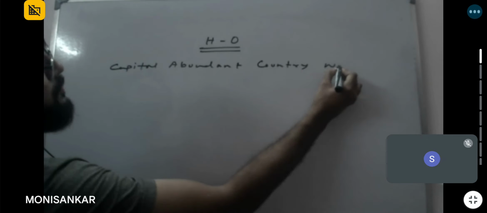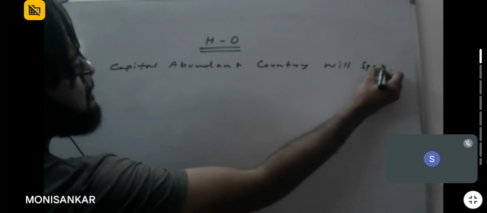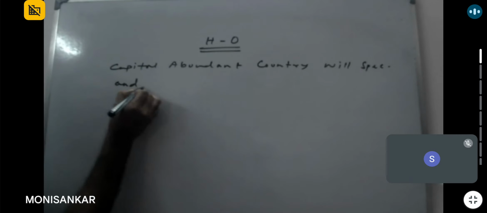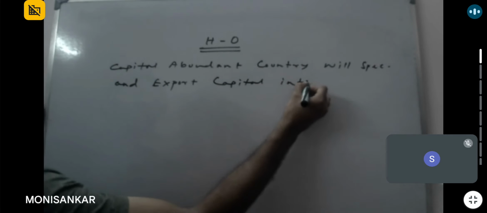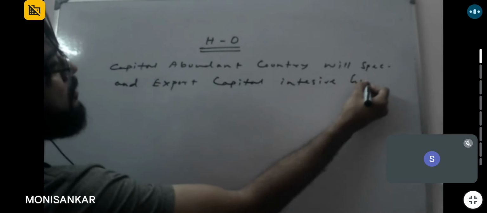So, according to the HO model, a capital abundant country will specialize and export capital intensive goods.